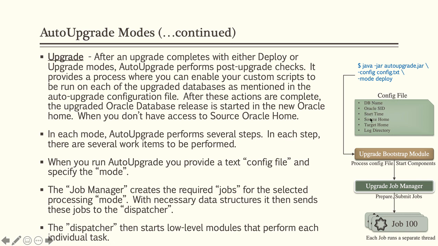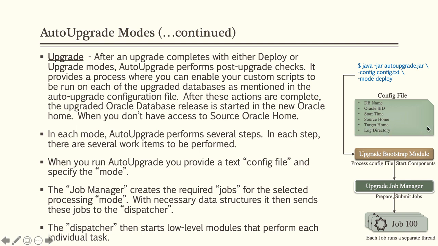The config file is nothing but certain parameters, such as the name of the database you would like to upgrade, the instance name of that database, when you want to start the actual upgrade process, you can actually schedule it, the source Oracle home, the target Oracle home, and the log directory. So you mention the values for these parameters.